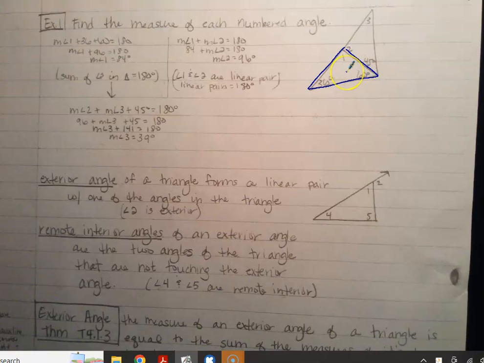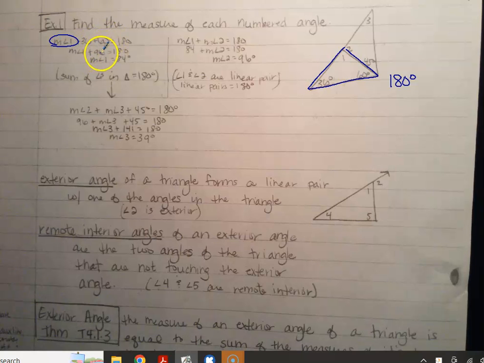And I know that the sum of all the angles in a triangle has to be 180 degrees. So I have written this equation. The measure of angle 1 plus 36 plus 60 equals 180. I know that has to be true. But only one angle is unknown. And if I have one unknown or one variable, I can solve it. That's important.